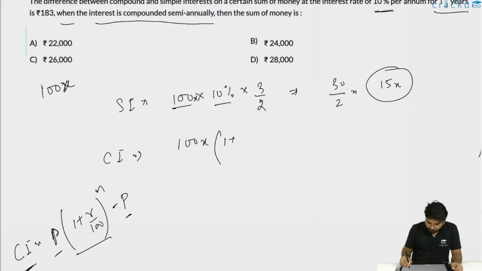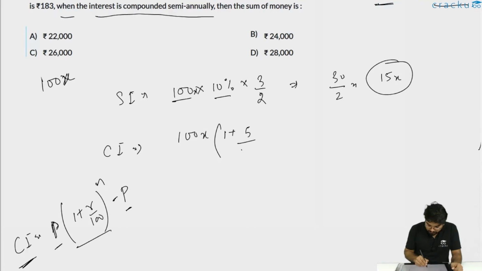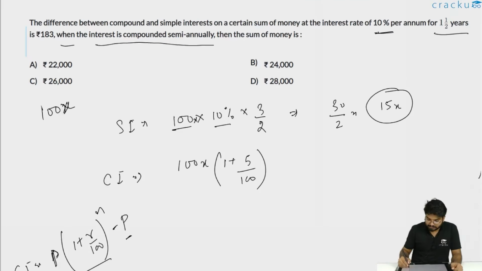So the rate is 5% divided by 100, and the number of times it will be counted in 1.5 years, semi-annually, is 3 times: 6 months, 6 months and 6 months. So in total it is counted 3 times, minus 100x.